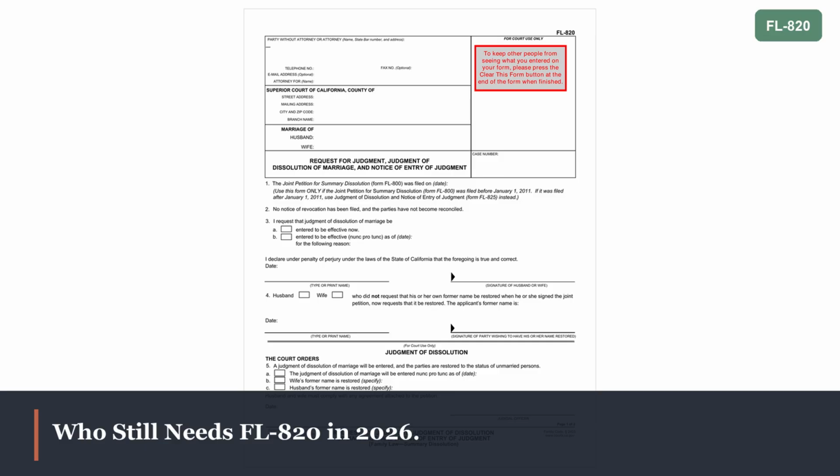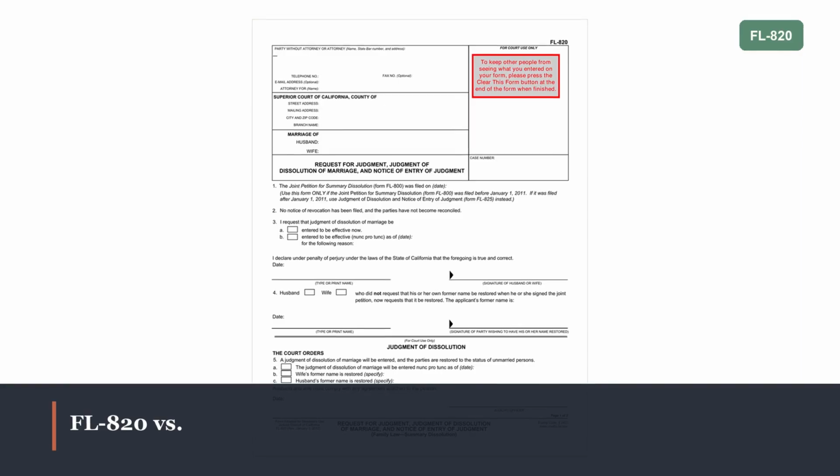If your joint petition for summary dissolution was filed more recently, and especially if you are starting a new summary dissolution case now, this is not the right form for your situation.